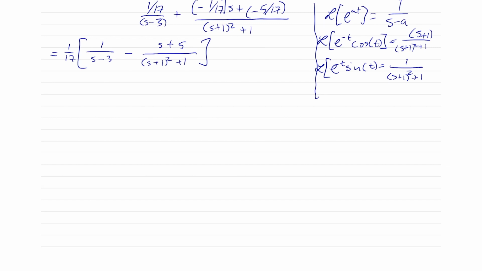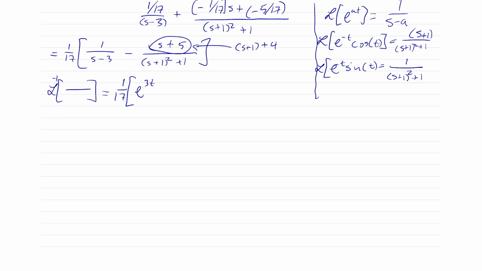Anyway, so now let's take the inverse Laplace transform of that guy. And what do we get? We get 1 over 17 times e to the 3t. This guy, we need to change the s plus 5 to s plus 1 plus 4.